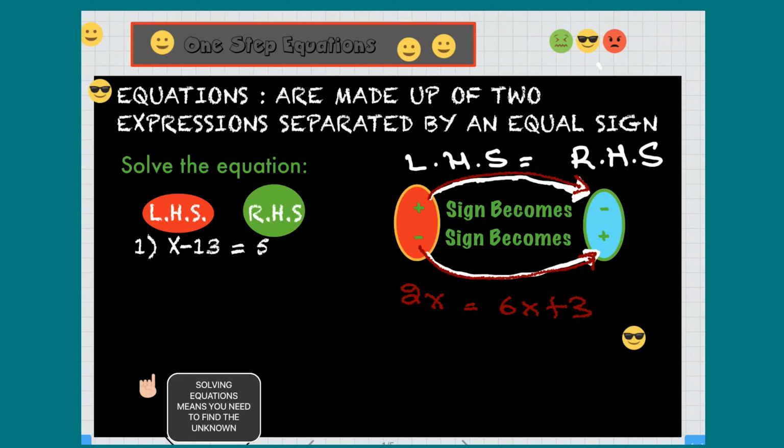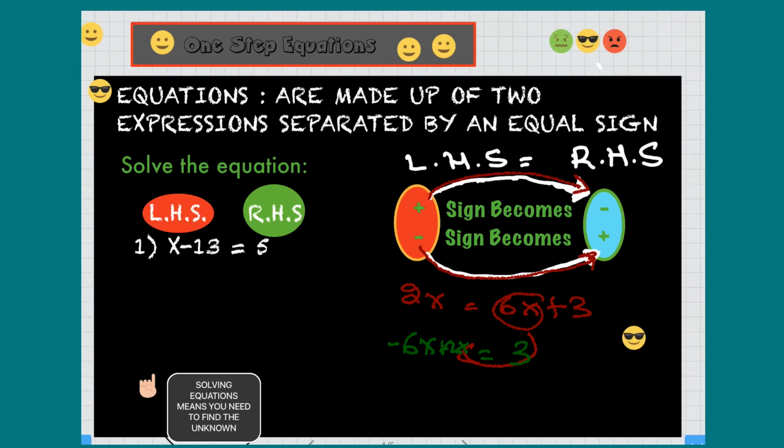If we take 6x from the right hand side to this side, it will become minus 6x, so 2x minus 6x equals 3.